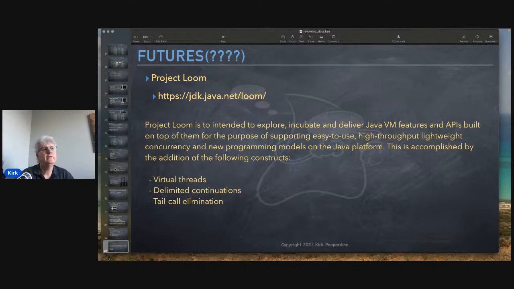So, futures. There's Project Loom, which I've given a shout out to in the talks here. I don't know if Project Loom is going to help in this situation or not.